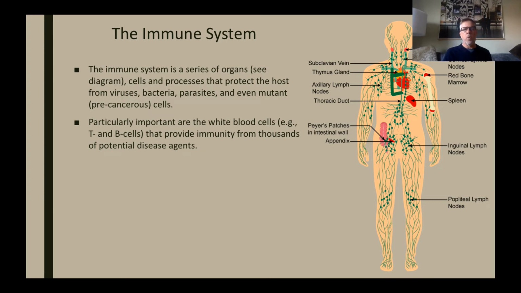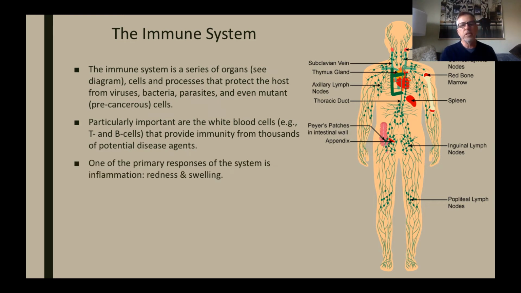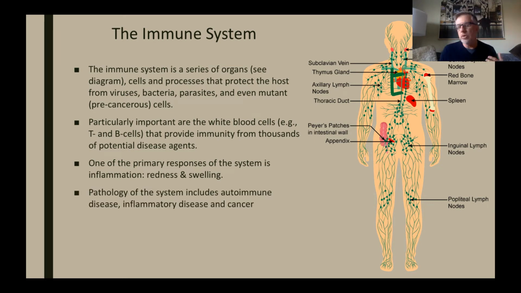Particularly important are the white blood cells, for example, the T and B cells, which provide immunity from thousands of potential disease agents. And one of the primary responses of the system is inflammation, redness and swelling. When you get a cut and it gets red and heats up and swells, that is your body causing that response. Pathology of the immune system includes things like autoimmune disease, inflammatory disease, and cancer.